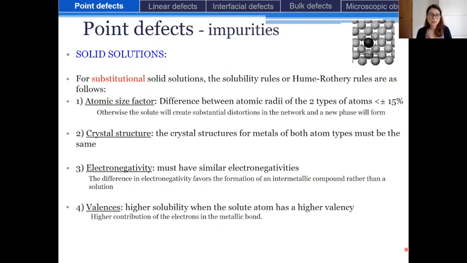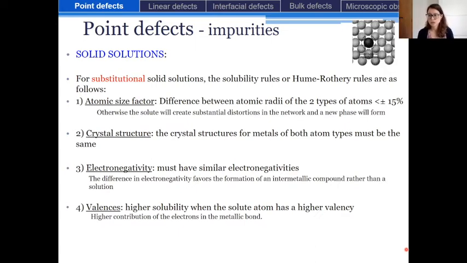So for the case of substitutional solid solution, to determine the degree to which the solute will dissolve in the solvent, there are four criteria or four solubility rules, also called Hume-Rothery rules, that should be considered.